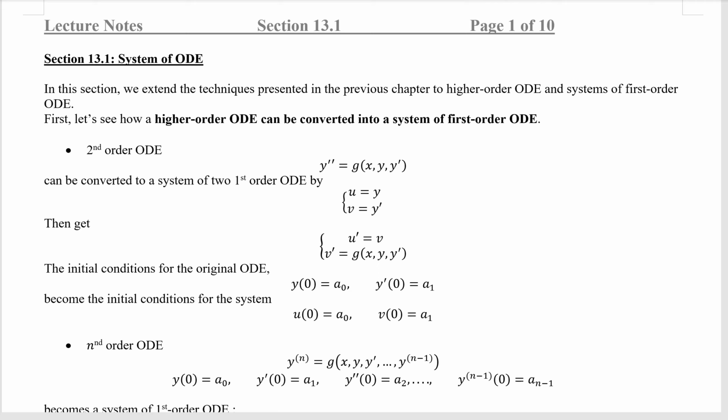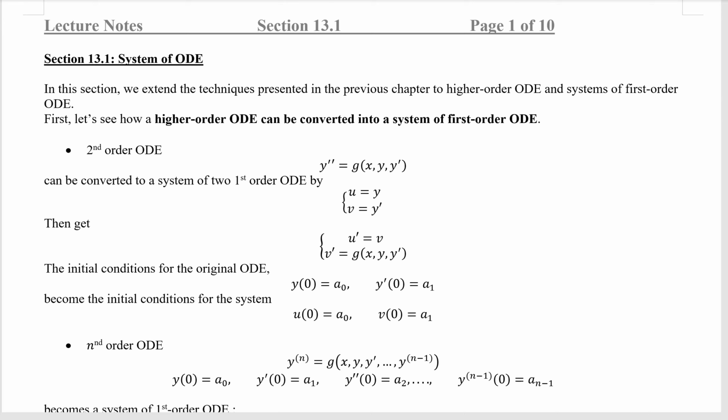of first order ODEs. First, let's see how a higher order ODE can be converted into a system of first order ODEs. Suppose we have a second order ODE, y double prime equals a function of x, y, and y prime. We can convert this higher order ODE to two first order ODEs by letting u be y and v be y prime.